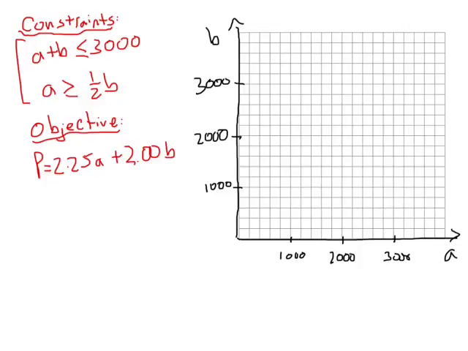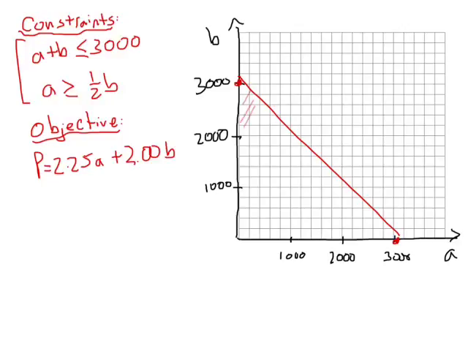So we have a point there at 3,000. And then when A is 0, B is 3,000. That's another point up here. And so we can graph that line like that. It's going to be solid because it's or equal to. And we're going to shade below.